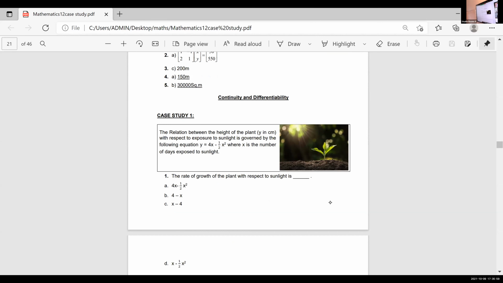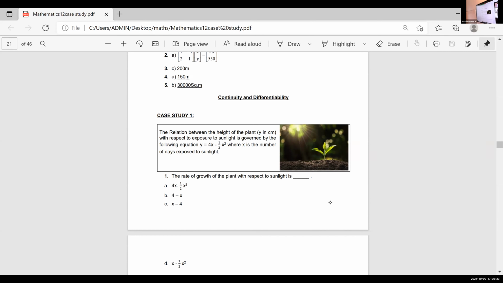The height of a plant, y in centimeters, with respect to its exposure to sunlight. It is from the case study questions given by the board. So don't copy it. Try to solve it. I have already sent this to you. Just write down the number, solve it, and give the answer.